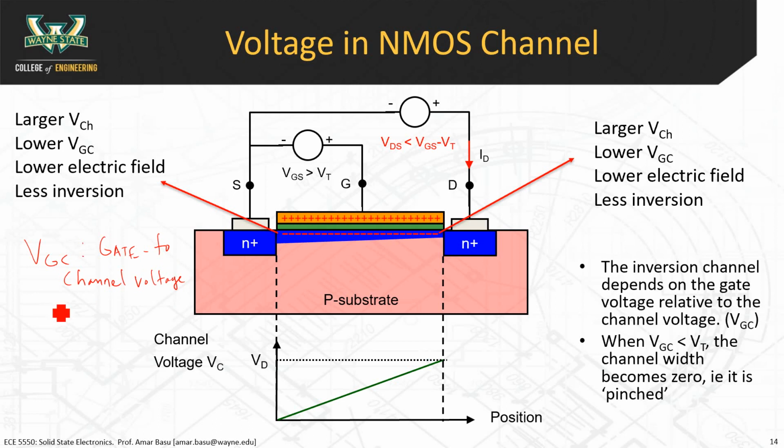So this is equal to the gate voltage VG minus the channel voltage VCH. We can also call this CH.